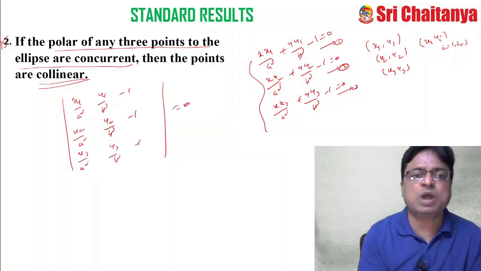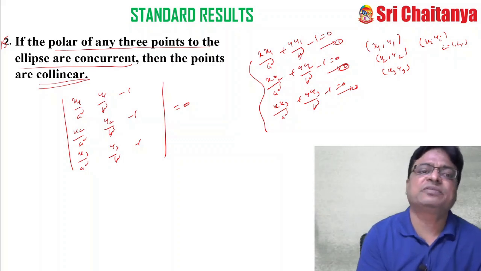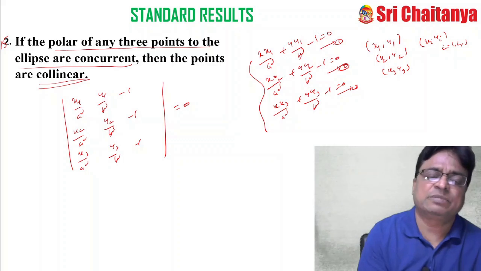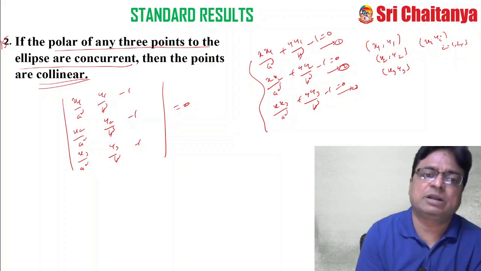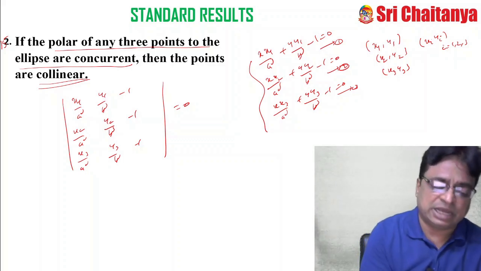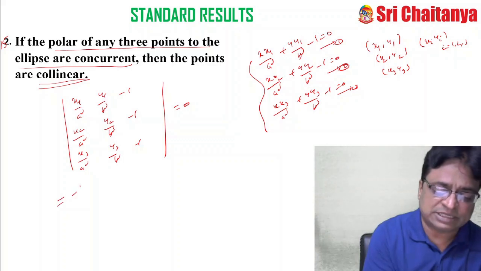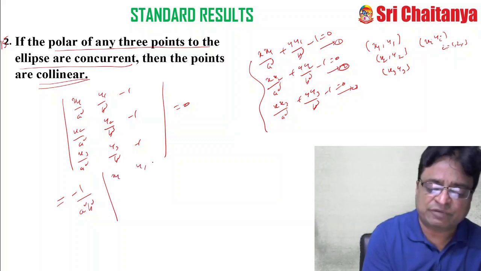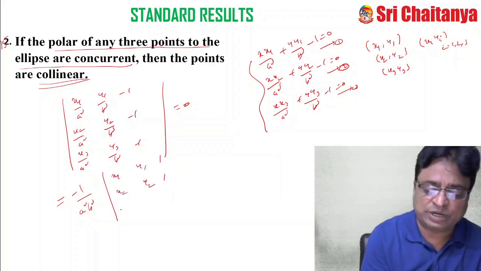Now your job is what? You have to apply the properties of determinants. For that, what am I doing? I am taking 1 by a square from column number 1 as common, 1 by b square from column number 2 as common, and minus from column number 3 as common. Therefore, I will get this as minus 1 by a square b square into determinant x1 y1 1, x2 y2 1, x3 y3 1 equal to 0.